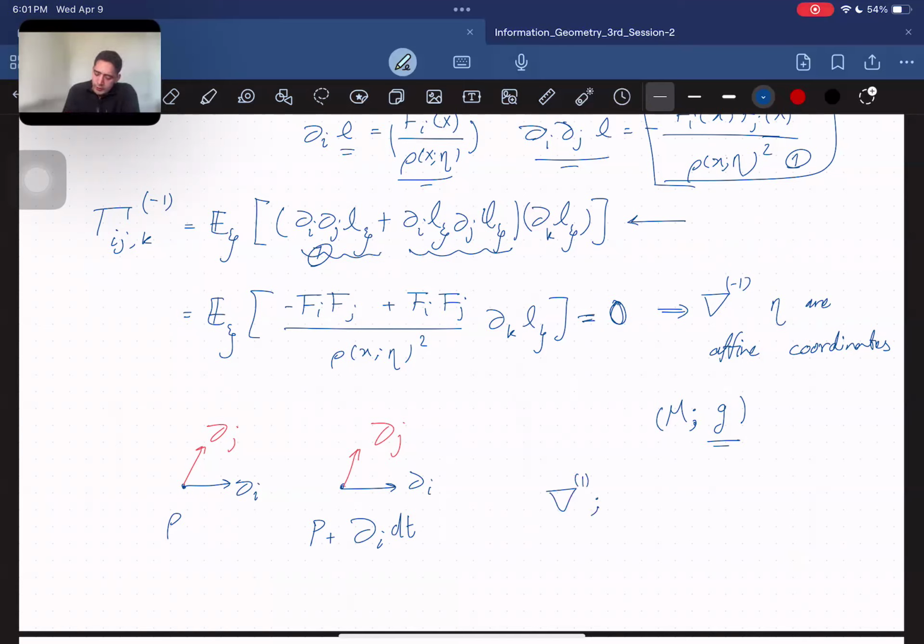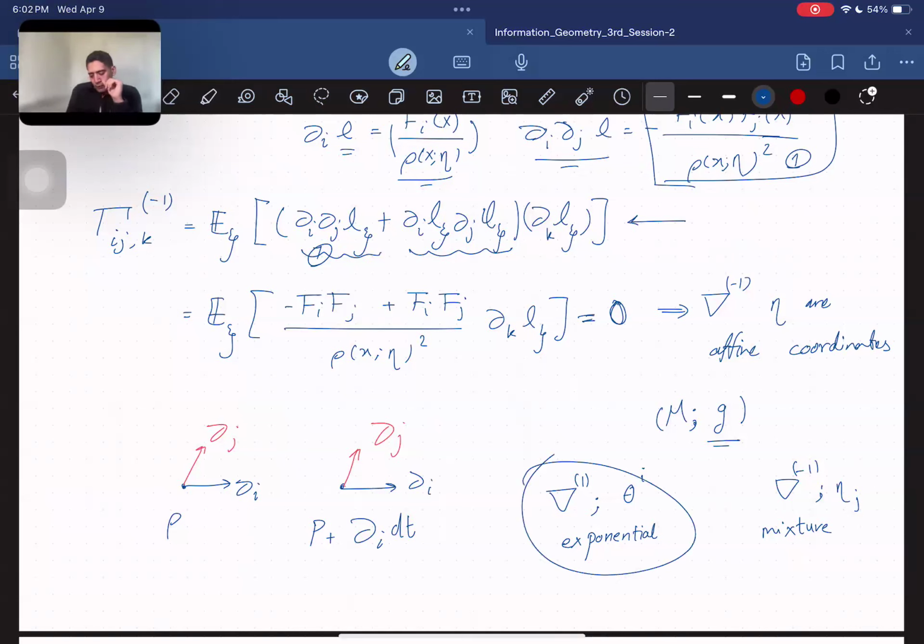One is alpha equals 1 with coordinate system I, which is the exponential family. And another is the one we found, which I show with J, which is the mixture family. Are these three concepts living in isolated islands, or are they somehow connected?